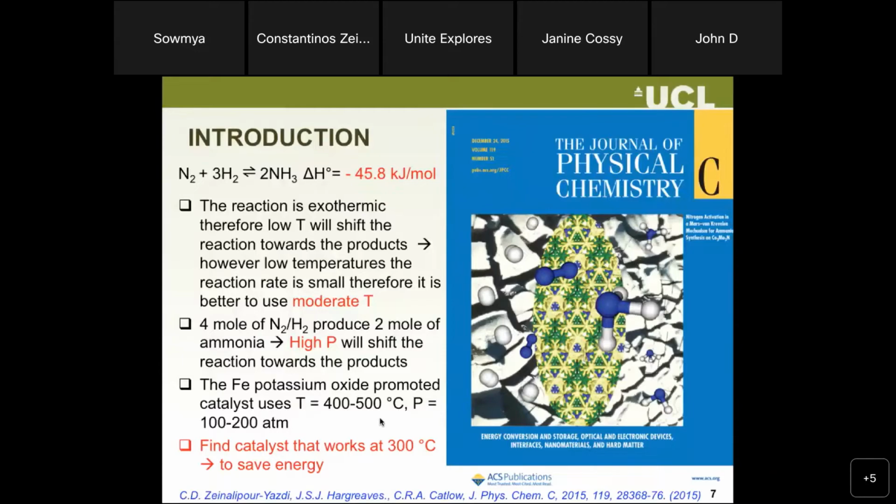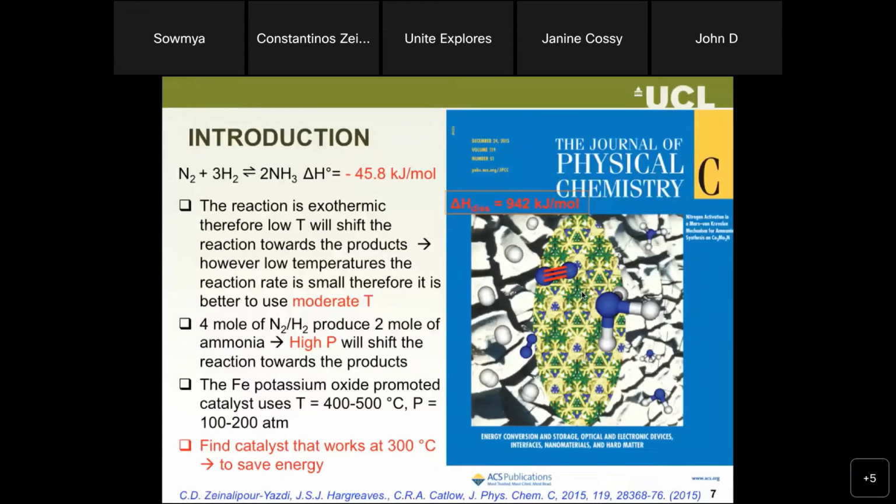This is quite difficult to do actually, because nitrogen has a triple bond, which has a bond dissociation enthalpy of 942 kilojoule per mole. So you need to find a catalyst that can activate or dissociate this bond efficiently, and that's quite hard.